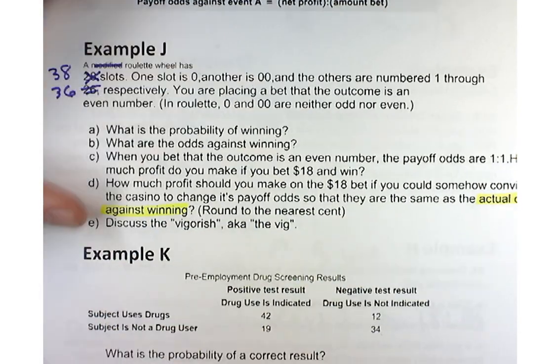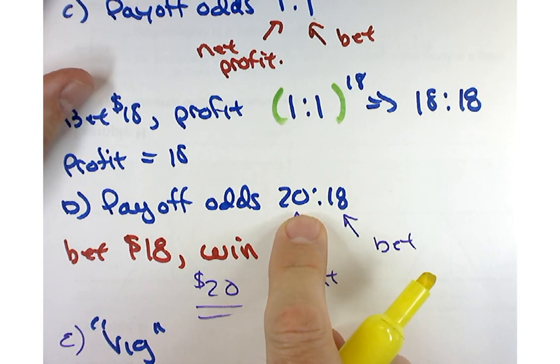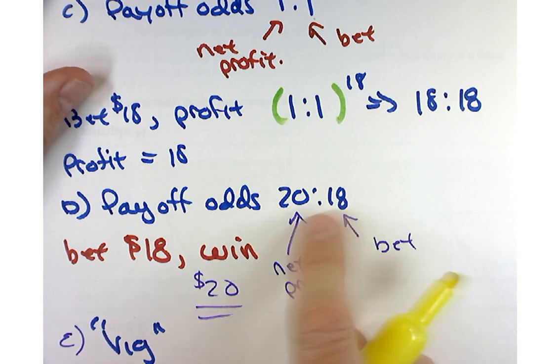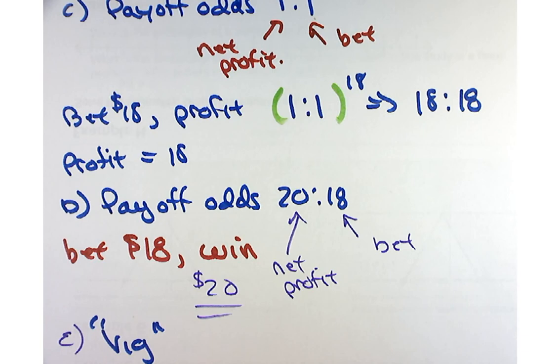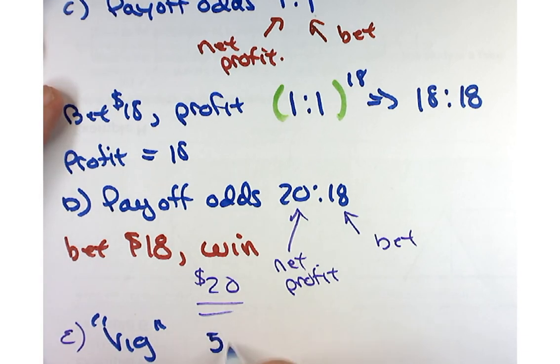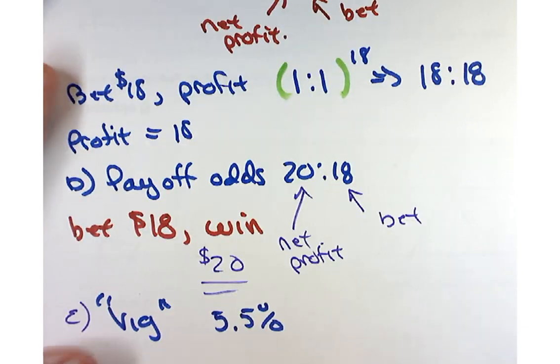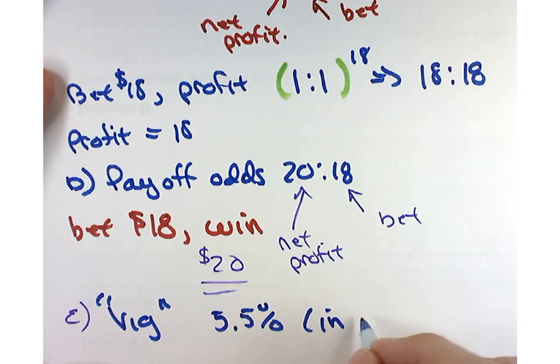That was part B. So I just stole the odds from part B. Those are now the payoff odds. And that means if you bet 18, you should win 20. So that in a sense gives you the house's advantage of 5.5% in roulette.